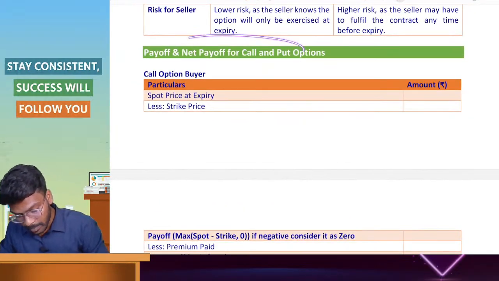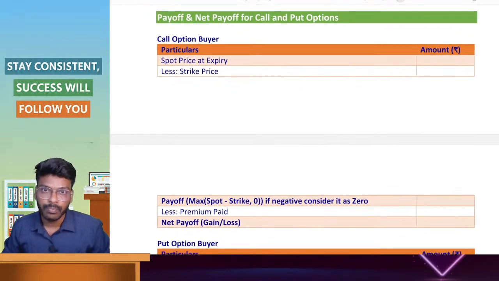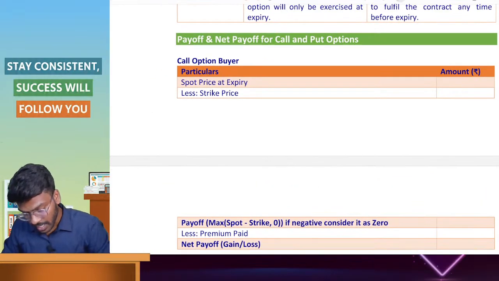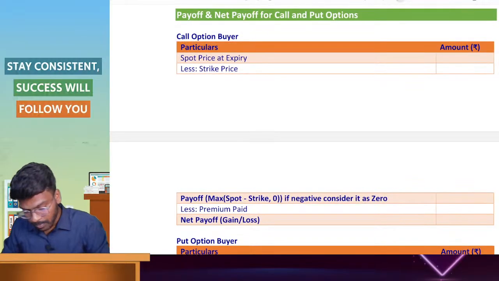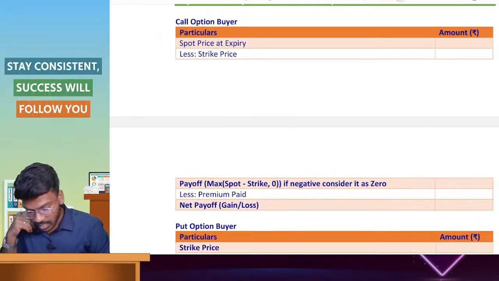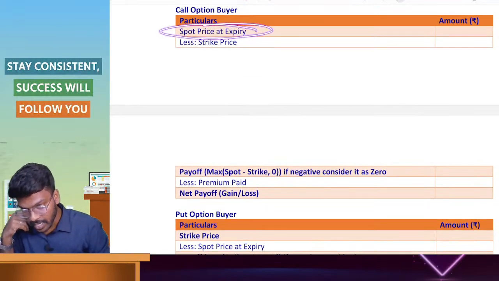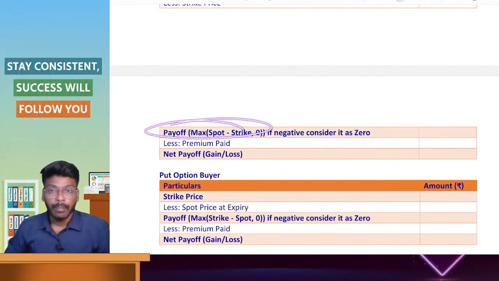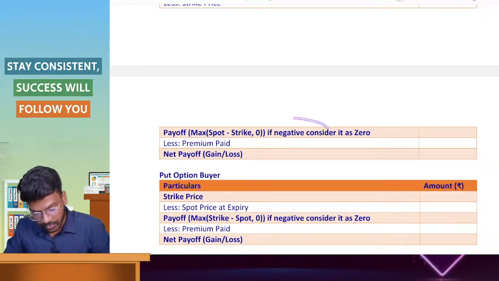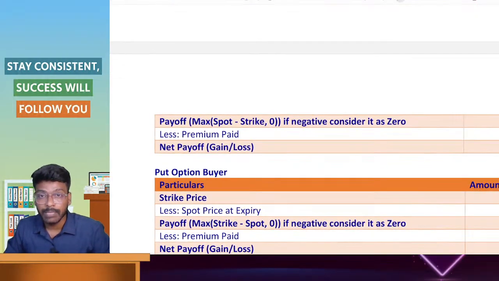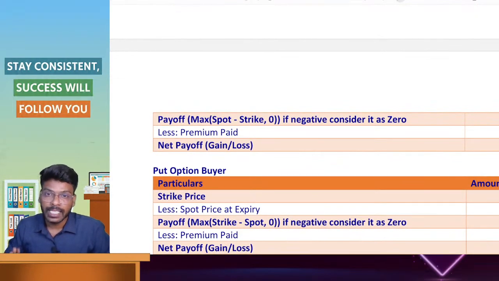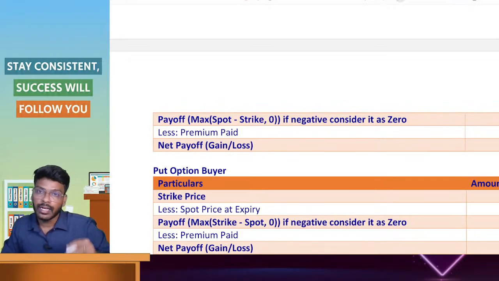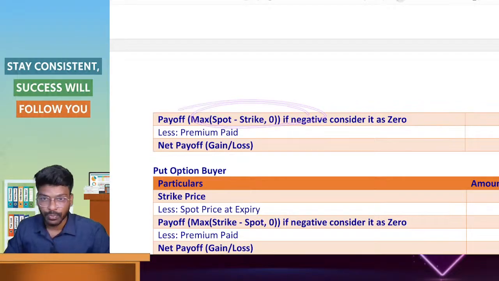Payoff or net payoff for call and put option. In case of a call option, for the option buyer, spot price at expiry date minus strike price will give you the payoff. It should be positive only, or 0.